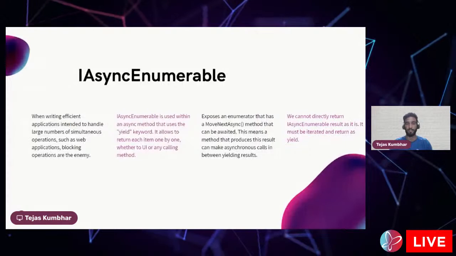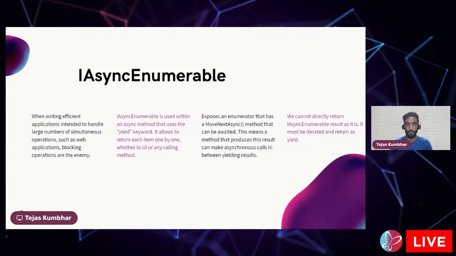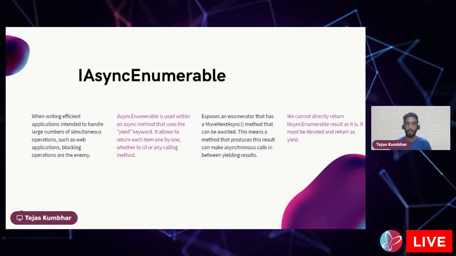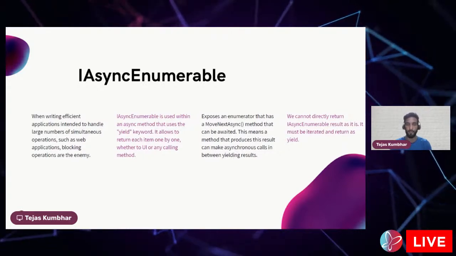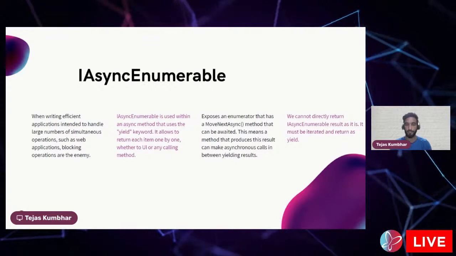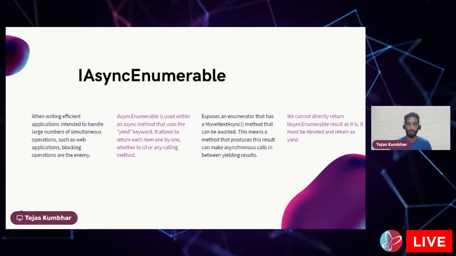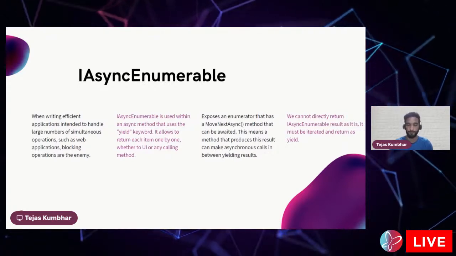As I mentioned, in IAsyncEnumerable you need to await each iteration, and you need to return the result through yielding. Each result will be returned to an upper layer, or the calling method, through the yield.